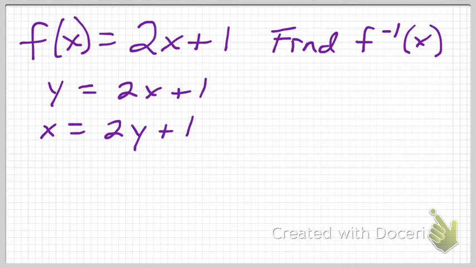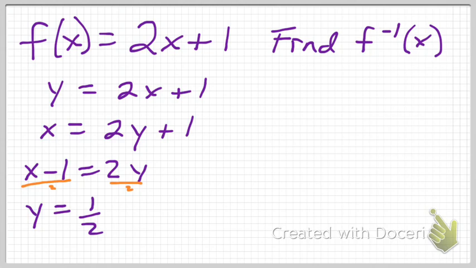Then I need to subtract the 1 and divide everything by 2. Putting that into slope-intercept form, I would get 1/2 x minus 1/2. Both of those get a piece of the 2. So there's your inverse.